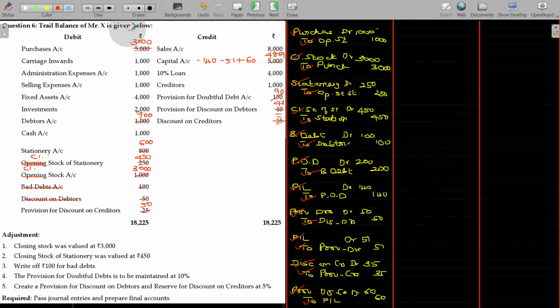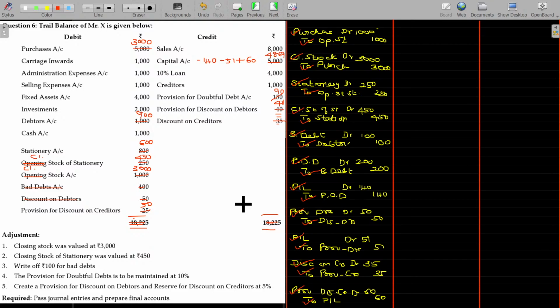Now if I prepare the trial balance, this trial balance is called adjusted trial balance. Come on, get me the adjusted trial balance value here. Make it faster. What's the value?